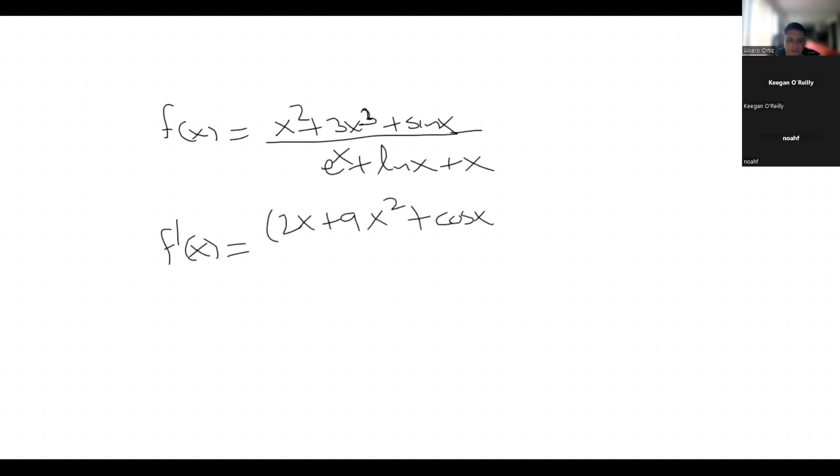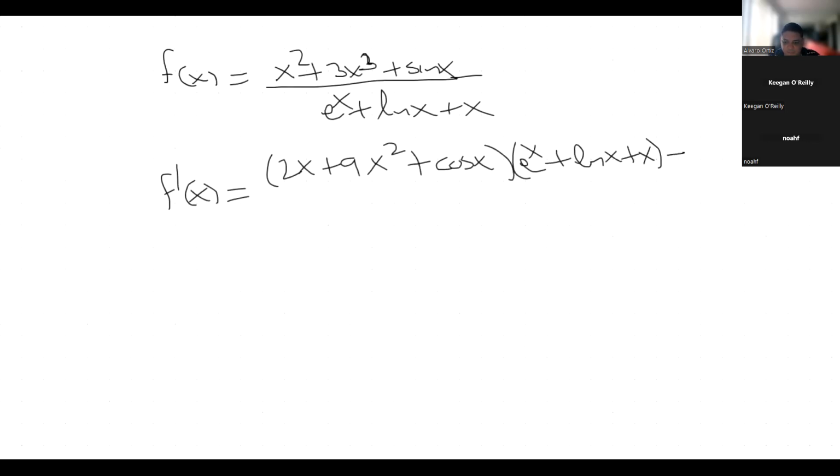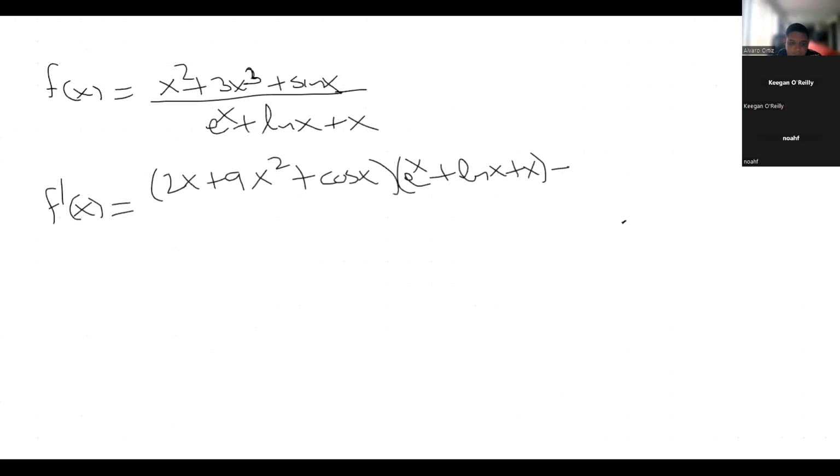So derivative of the first one, then times the second one with no derivatives, and then minus, and then at this point, this one, no derivatives.